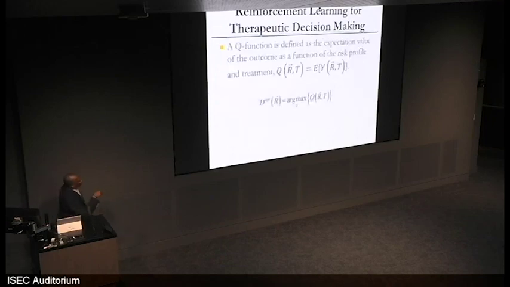So Q-learning specifically looks at the expectation value of the outcome and models it by usually a linear function. It doesn't have to be a linear function, but most of the things in the literature tend to be linear functions. And then the optimal treatment strategy is the argument that maximizes the Q function, maximizes the expectation value. So the formalism is very simple.